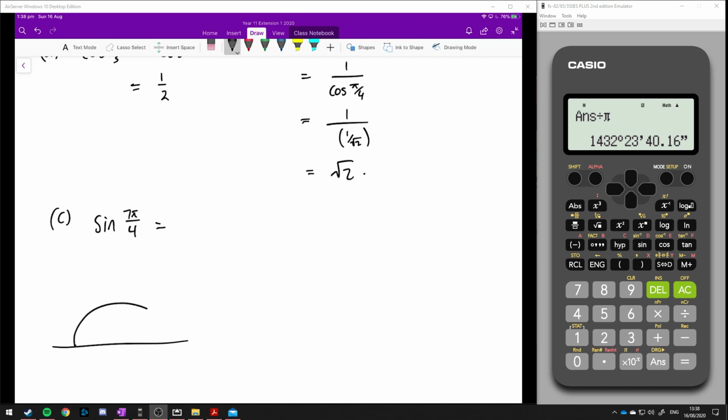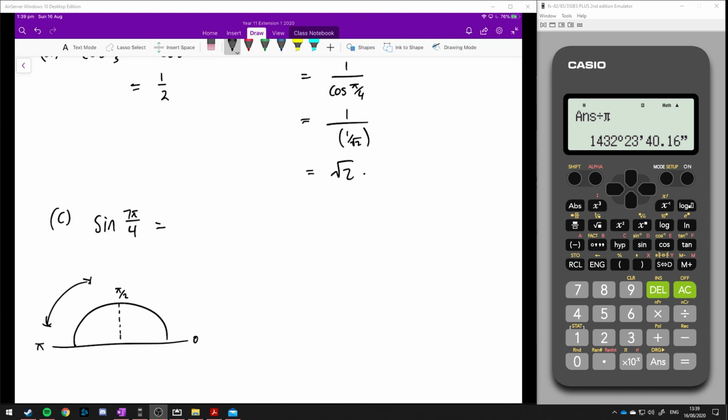So if we think about the top half of the circle, we've got pi, and 90 degrees on the top makes pi on 2, and it's 0 over here. So 7 pi on 4 lies somewhere in the second quadrant of the circle.